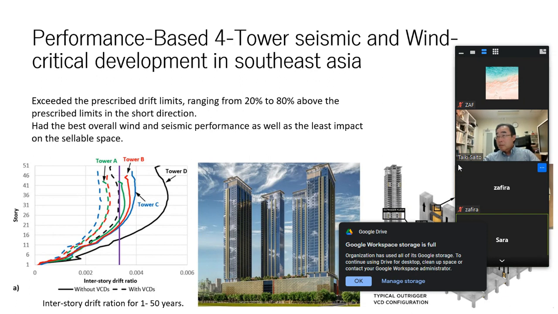From this picture, the inter-story drift ratio for the one in 50 years event was limited to the wind drift of the original conventional design of each of the four towers.